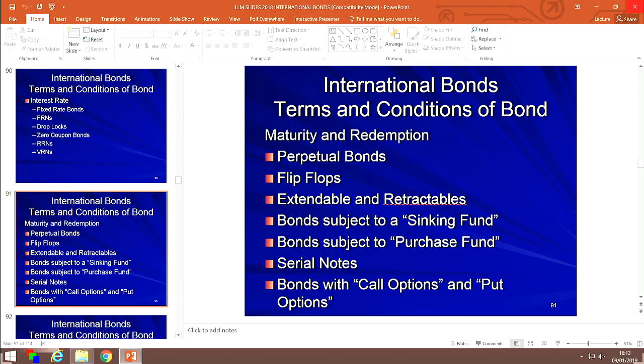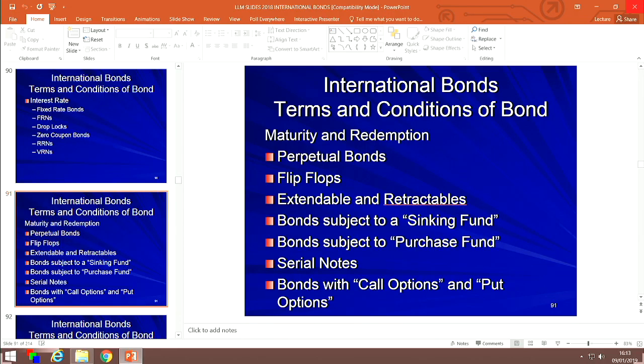Did I say purchase fund earlier? Sorry, all that I've said up to now is about the sinking fund structure. Can you please make a note of that? That's the sinking fund structure, not the purchase fund structure. I'm sorry. The purchase fund structure operates differently.